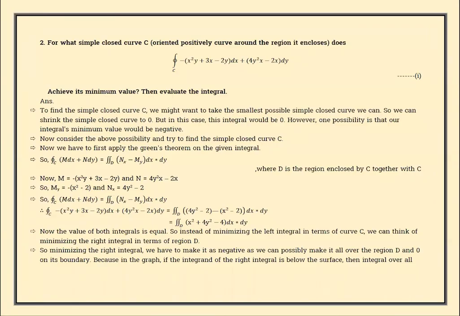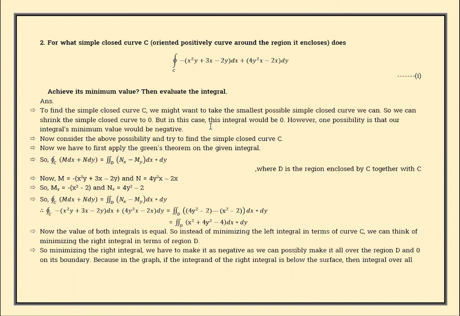Now, in this question, we have to find the simplest closed curve C so that the given integral achieves its minimum value. Then we have to evaluate the integral. To start this problem, we can think that we have to take the smallest possible simple closed curve.